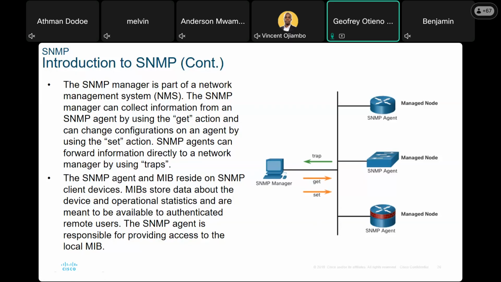Then the SNMP agent and MIB reside on the client devices, and this particular database is the one that stores data about the device and some of the operational statistics, that will be able to give you everything that you require.